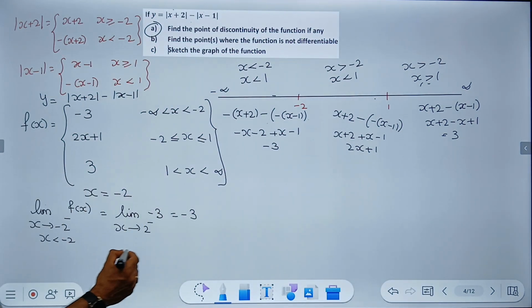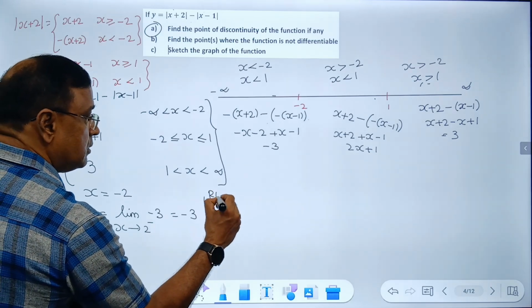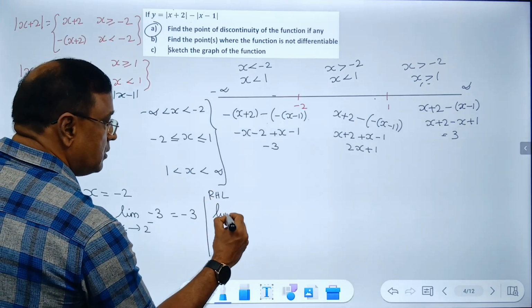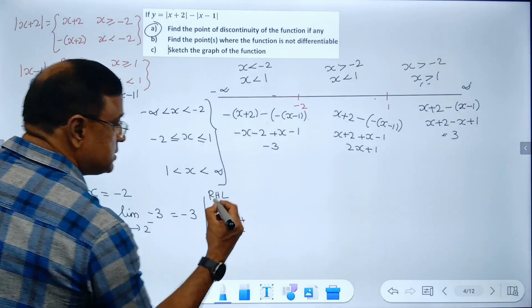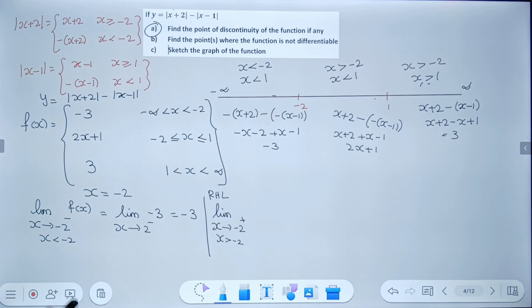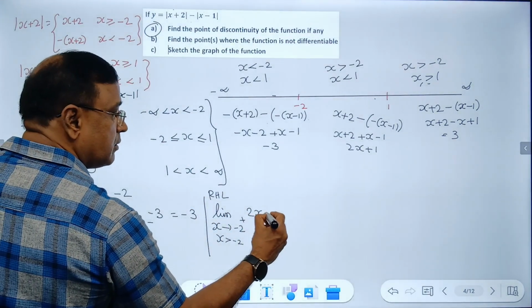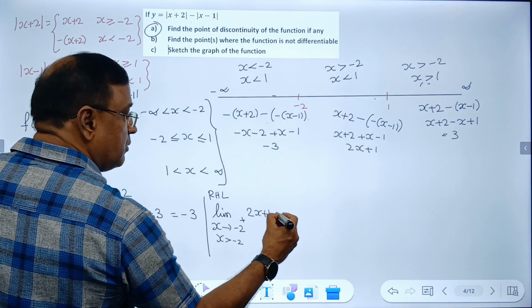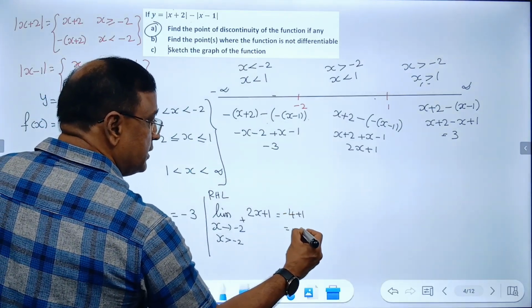Now let's go to right hand limit. What is my right hand limit? RHL. Limit x approaches to minus 2 plus. Minus 2 plus means it's greater than minus 2. If it's greater than minus 2, it has to be 2x plus 1, correct? If it is 2x plus 1, what do you get? Minus 4 plus 1, therefore it's minus 3.